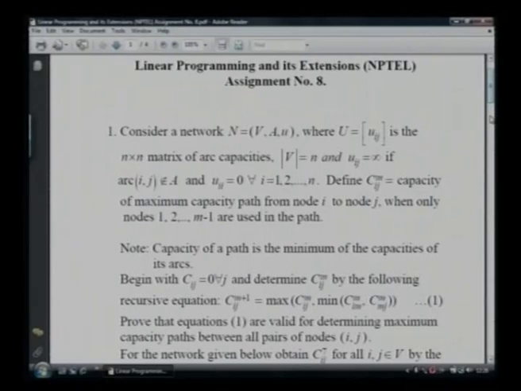In the first problem I have asked you to find a maximum capacity path. The capacity of the maximum capacity path from node i to node j I am defining as Cij^m. So, this is a modification of the Floyd-Warshall algorithm, which was finding the shortest path between every pair of nodes.